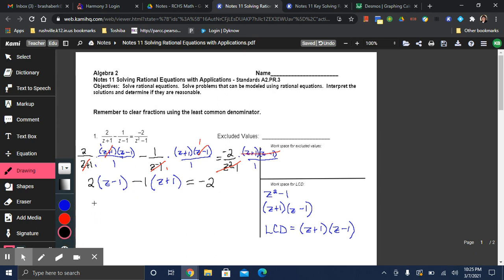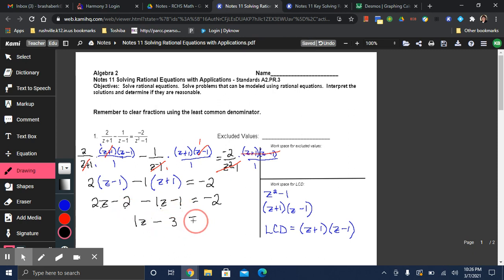So we can do the distributive property, 2z minus 2, and then we can do the distributive again, negative 1z minus 1, equaling negative 2. We have like terms on the same side of equals. So 2z minus 1z is 1z. And then we have the negative 2 and the negative 1.